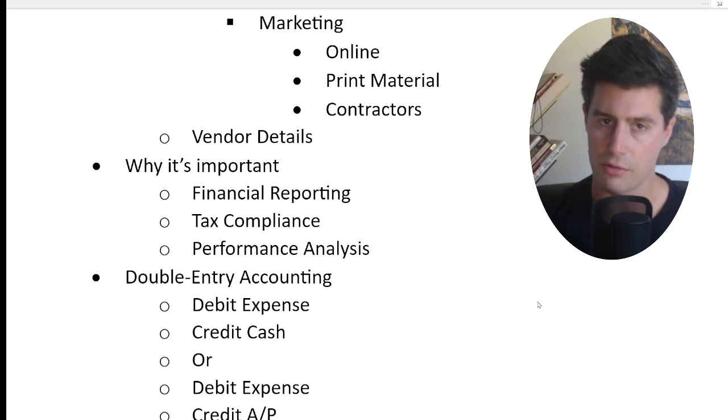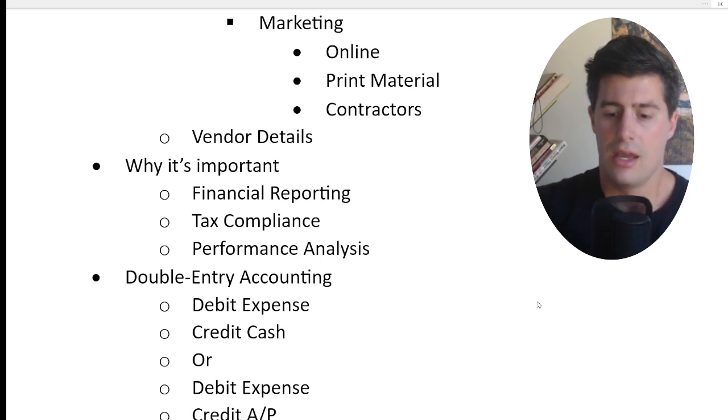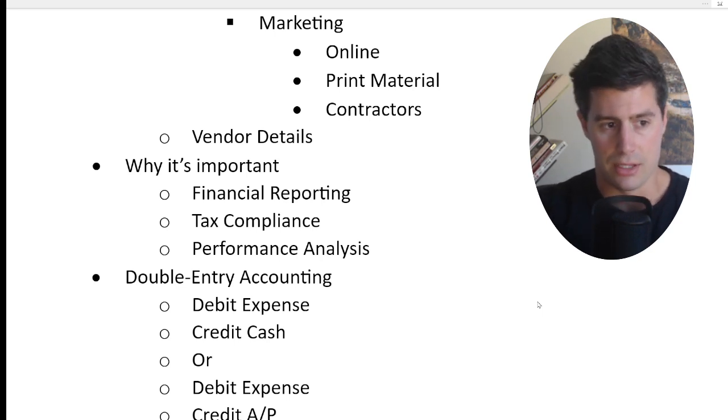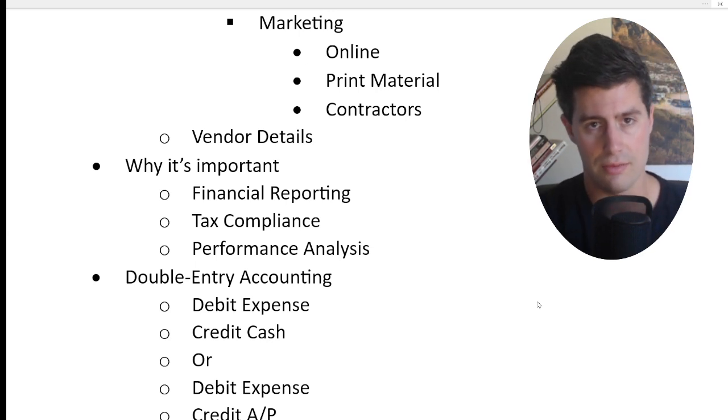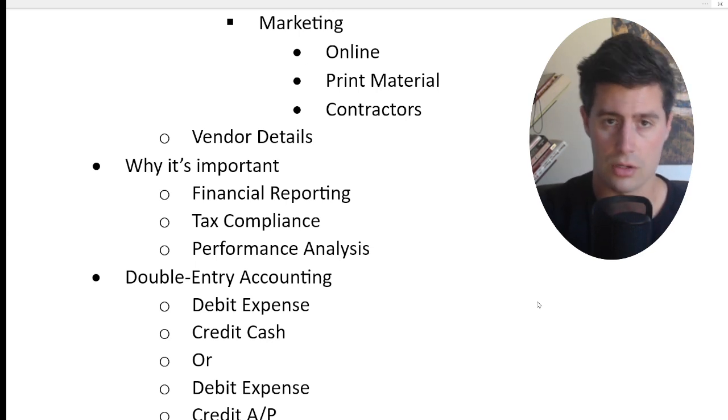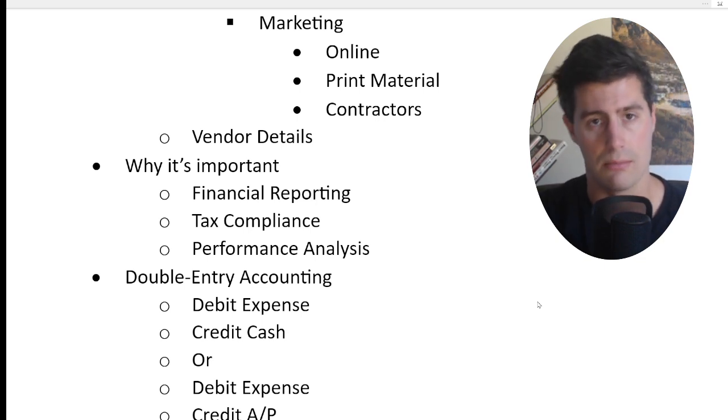And then finally, performance analysis. Having bookkeeping in place, having your transactions categorized, is super important for performance analysis so that you can look back. You can look to the previous month, previous quarter, last year, and compare. How much money did I spend on marketing?